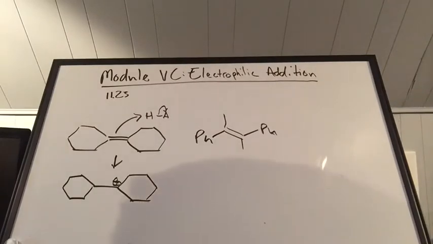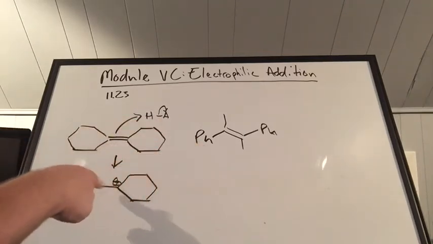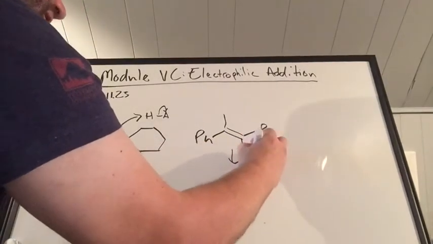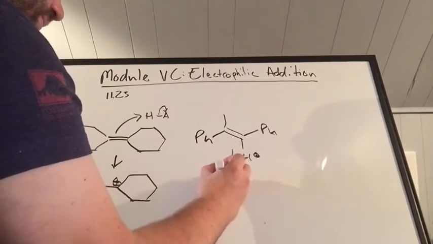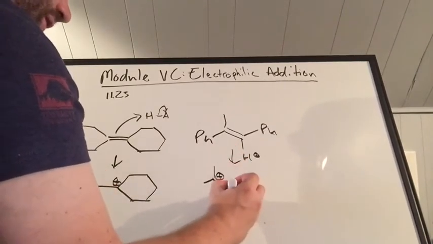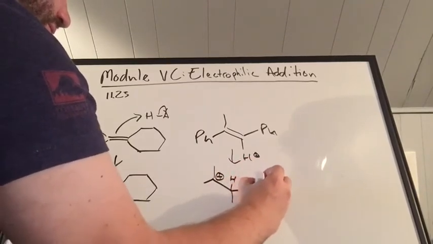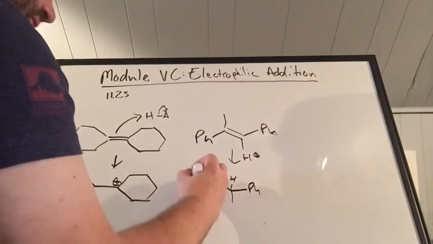substrate. Now, remember that you have resonance stability once this carbocation is formed. So, okay, so we've added H plus to it. So let's say carbocation's right here. Just put Ph right here.